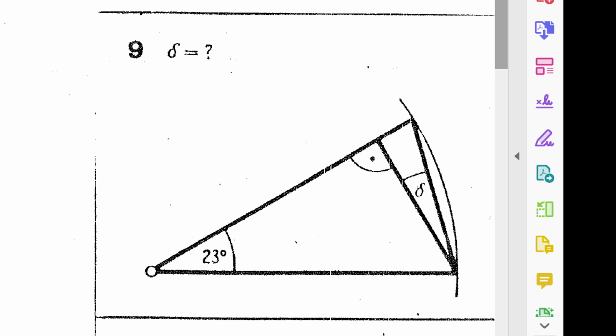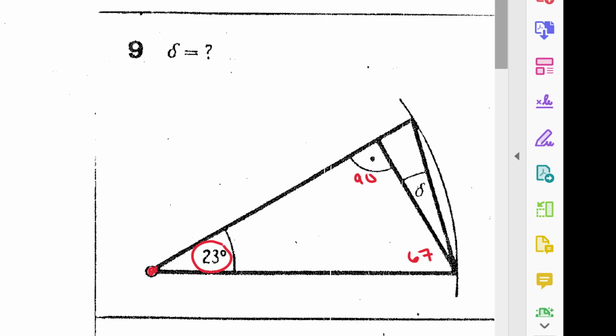For number 9, let's see, this is 90, this is 23, so I know that this bottom angle down here, this triangle, is 67. I also know that this is 23 here, and this is the center of the circle with this arc.